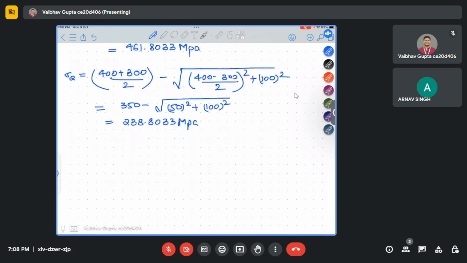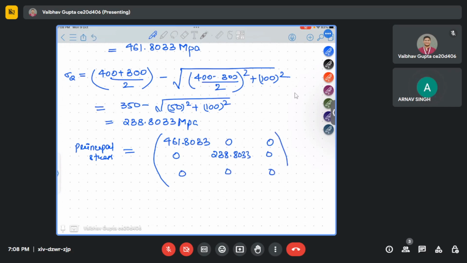So now your principal stress matrix will look like 461.8033, 0, 0, 0, 238.8033, 0, 0, 0, 0. Yes, here sigma 1 replaces 400. So this is your principal stress matrix.